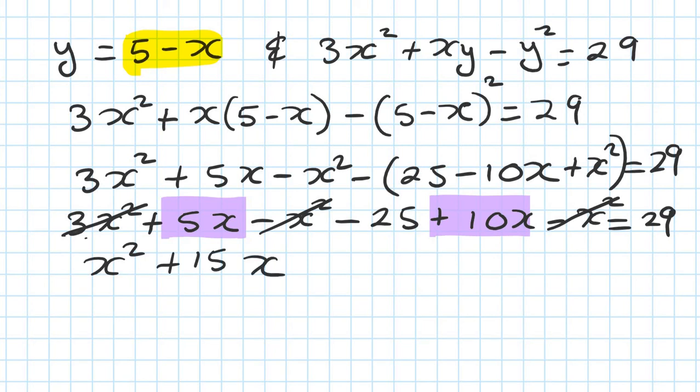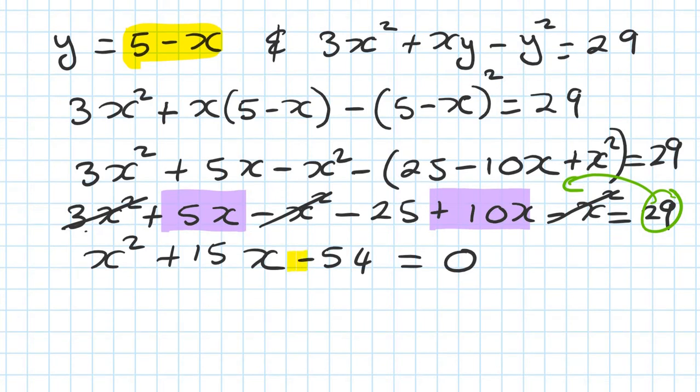Then I move the 29 to the left, so that gives me minus 29. Minus 29 minus 25 gives me minus 54, which is equal to 0.